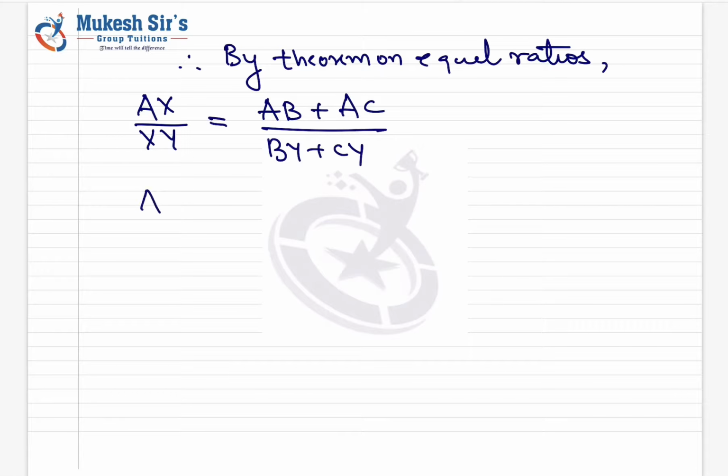So that becomes AX upon XY is equal to AB plus AC upon BY plus CY, which is BC.